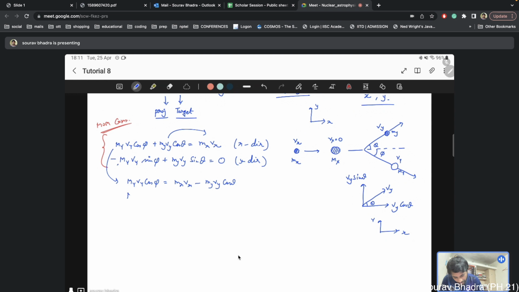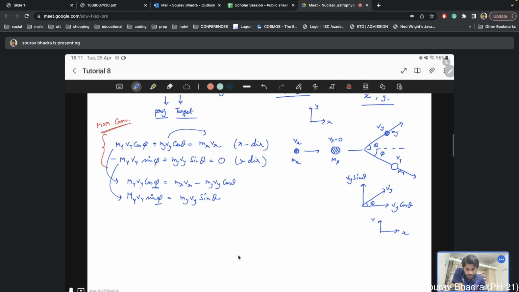And from the second we can write my Vy sin phi equals my Vy sin theta. Now we will try to eliminate phi, and to do that we will square both equations and add them.